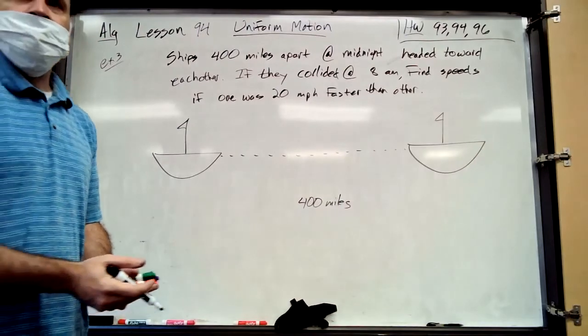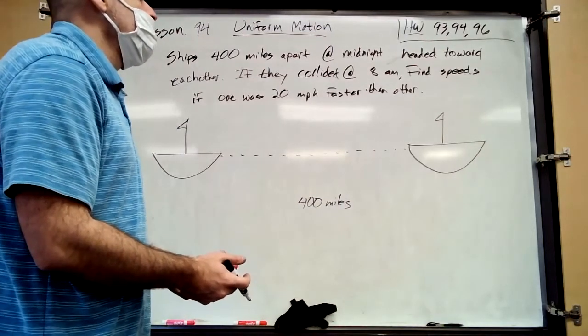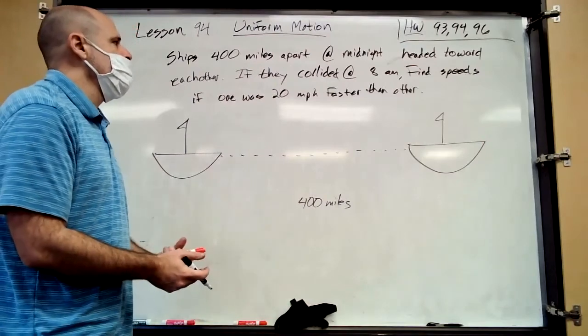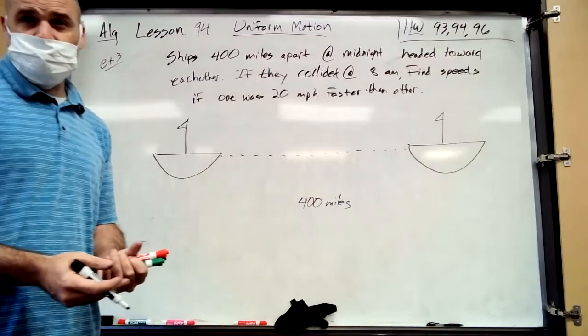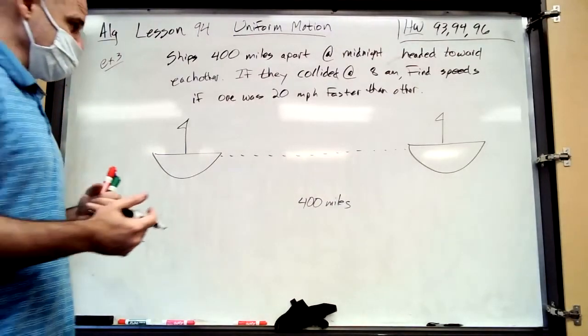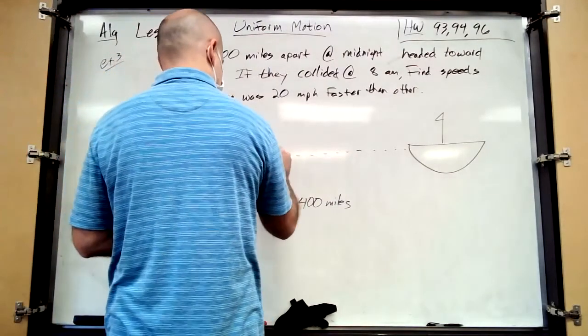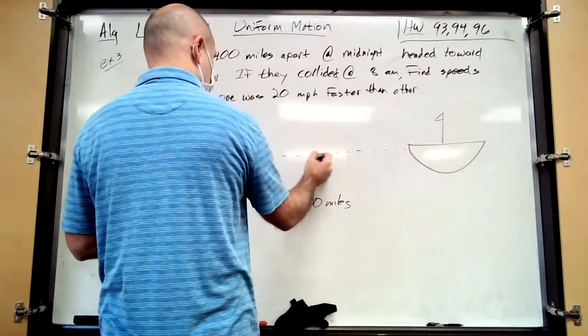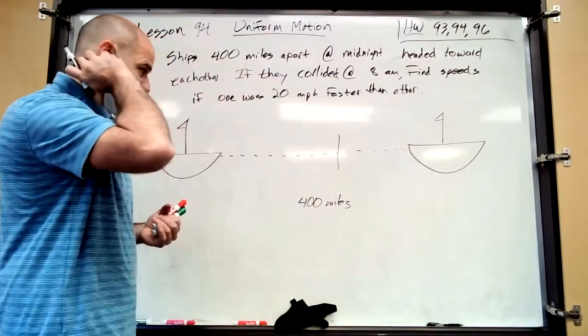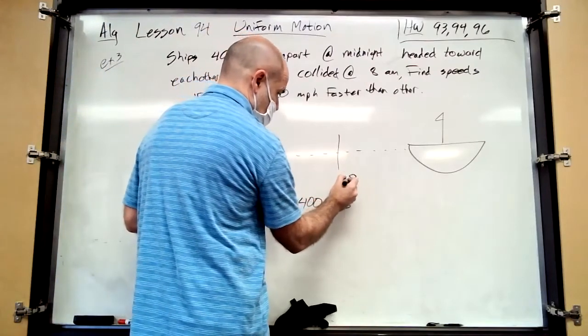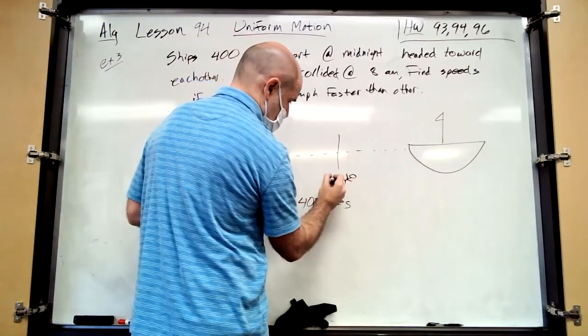We're trying to find, what's our D equation? What's our distance equation? So one of them's going faster than the other, right? So maybe they collided there, and then there's people sinking and drowning.